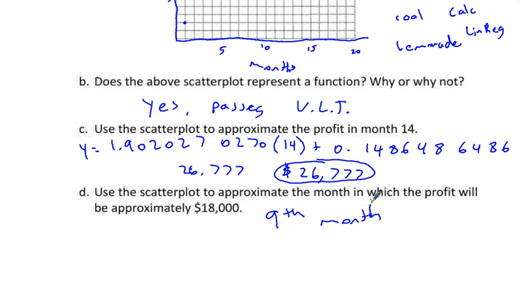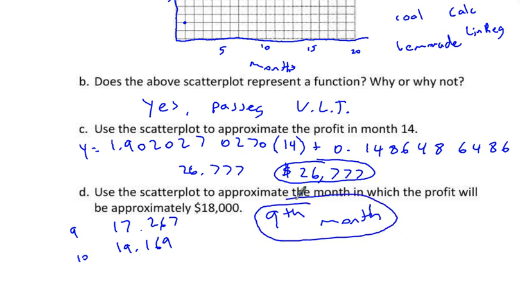And you'll see in the 9th month there you are at 17.267, and the 10th month begins at 19.169. So 18,000 is somewhere between that 9th month and the 10th month. So the eyeball prediction or the calculator here gave us about 9 months.